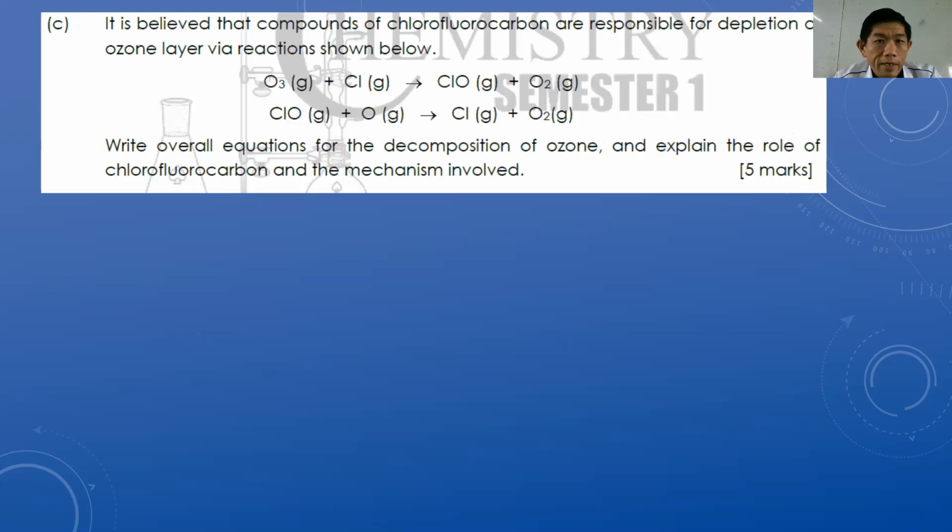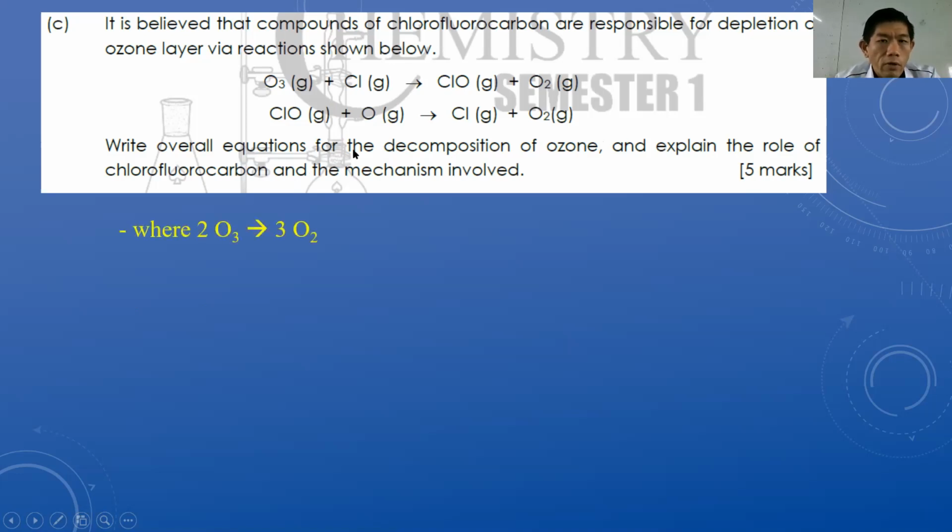Okay, so C, it is believed that chlorofluorocarbon compounds are responsible for the depletion of the ozone layer via the reactions below. O3 plus Cl gives ClO plus O2, then ClO plus O gives Cl plus O2. Write the overall equation and explain the role of chlorofluorocarbons and the mechanism involved.